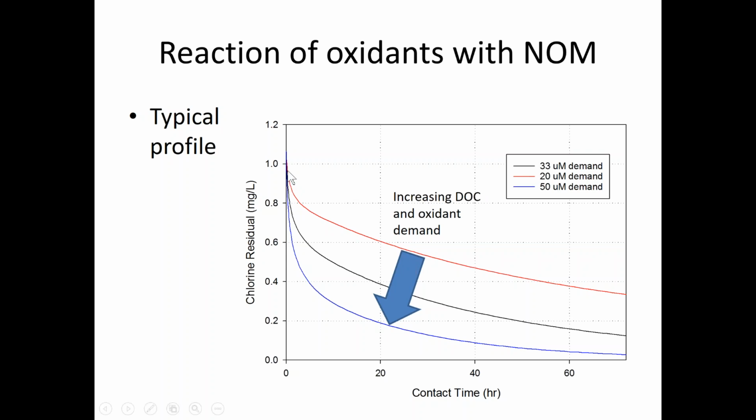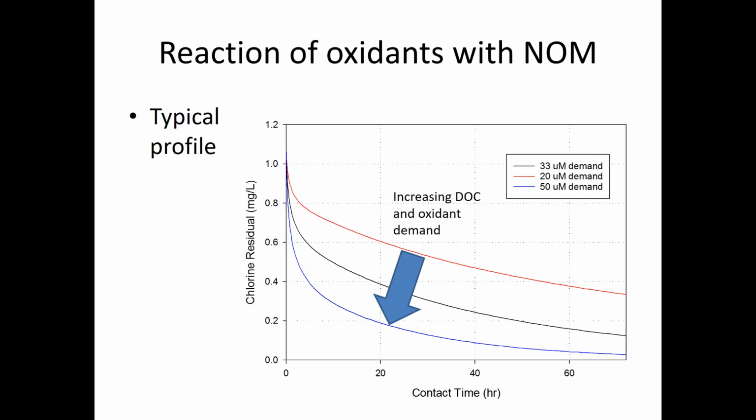If you've got a water that has very little organic carbon, you may get a profile like this upper red line over time. If you've got a little more organic carbon, you'll get a lower profile like the gray, and at a higher organic carbon level, you'll get the blue. So as you go down, you have less and less chlorine, faster decay of chlorine due to the presence of higher levels of organic matter in the water.